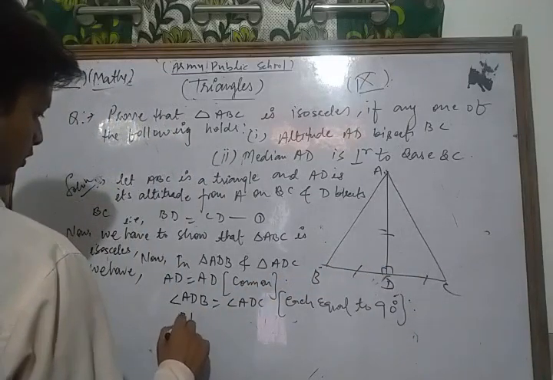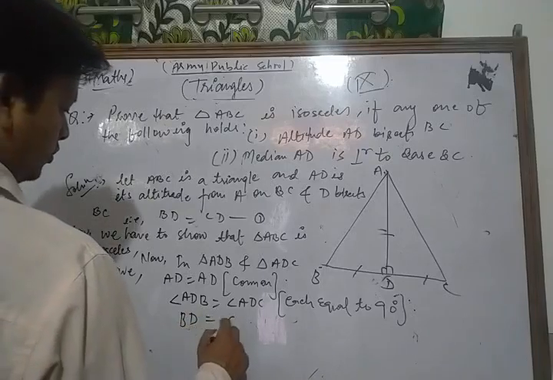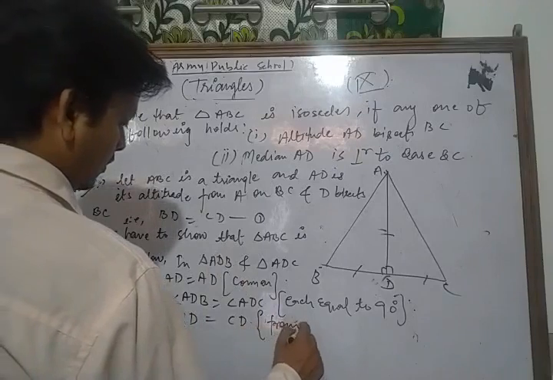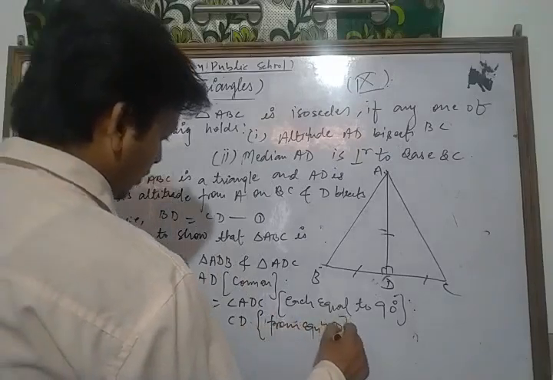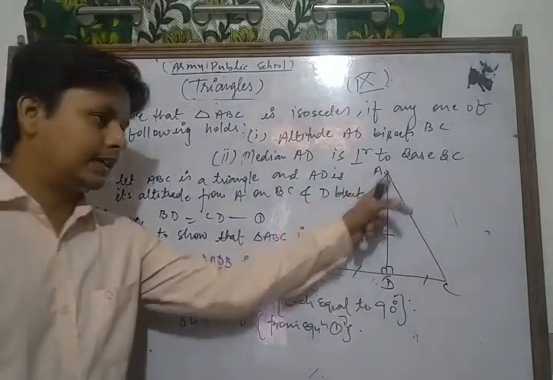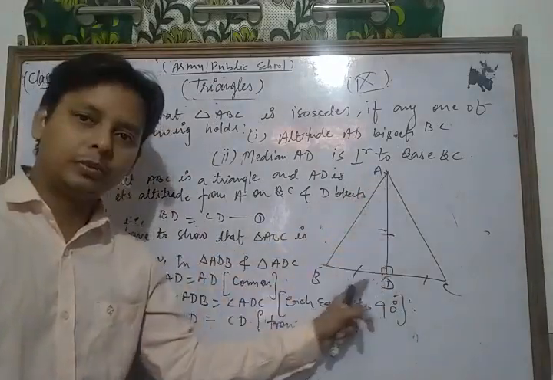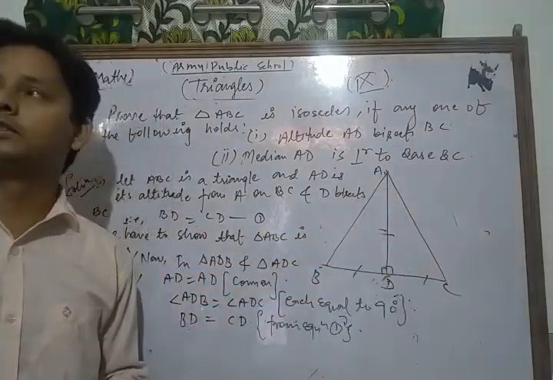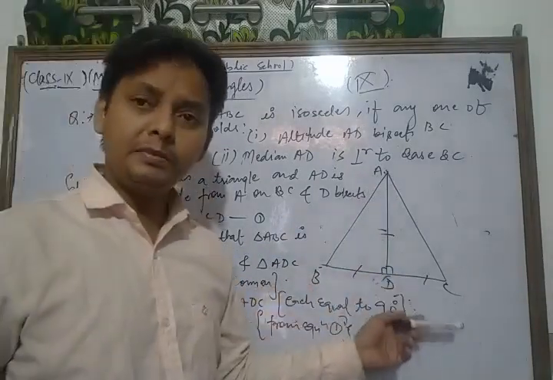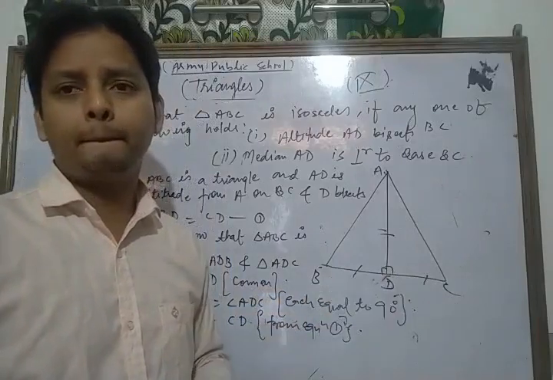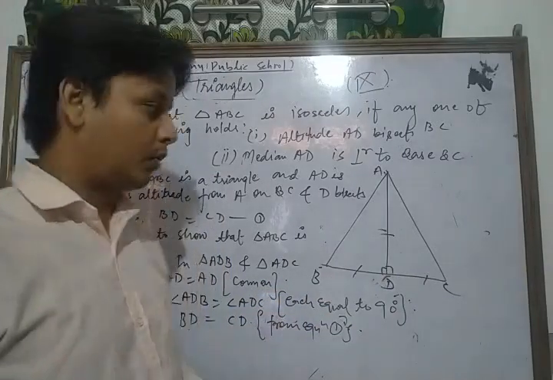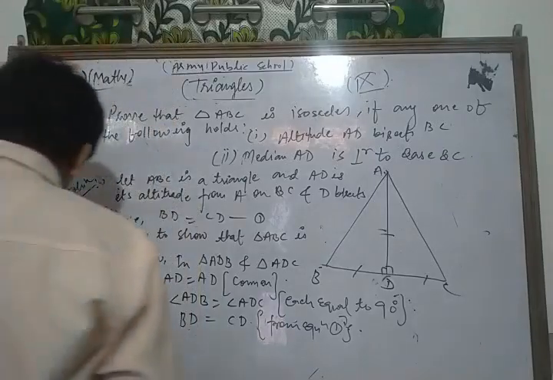And BD is equal to CD, from equation 1, because the altitude bisects its base BC, meaning it divides it into two equal parts.